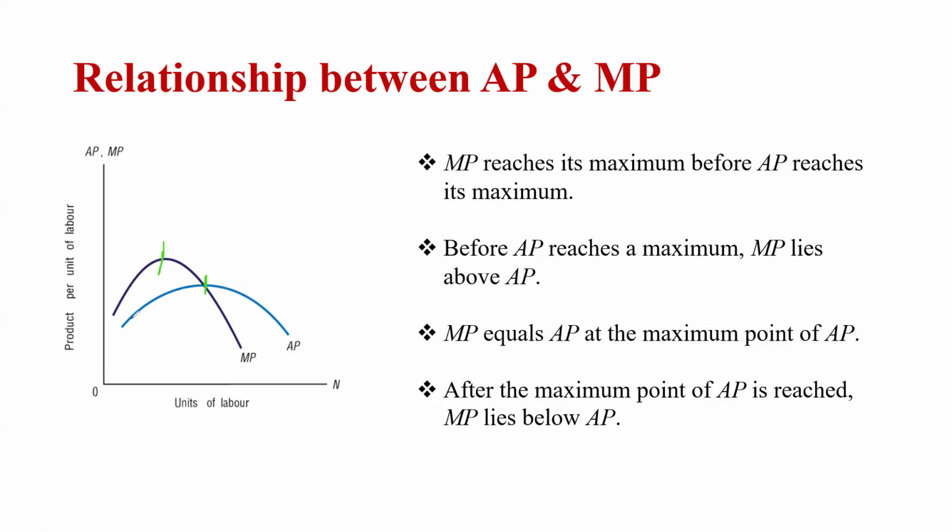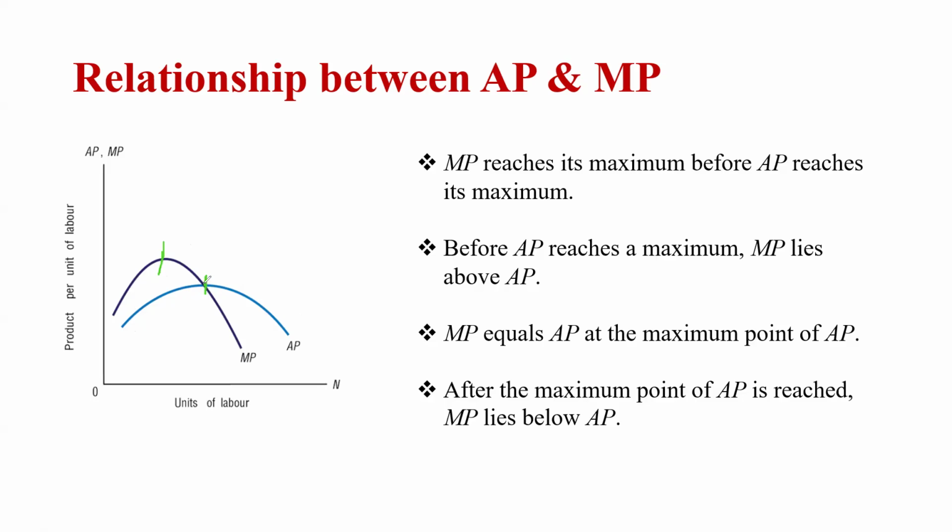You can see from here, average product is below marginal product before average product reaches its maximum. And then marginal product equals average product at the maximum point of average product. Where average product is at its maximum, your marginal product is equal to your average product. It's where they intersect.